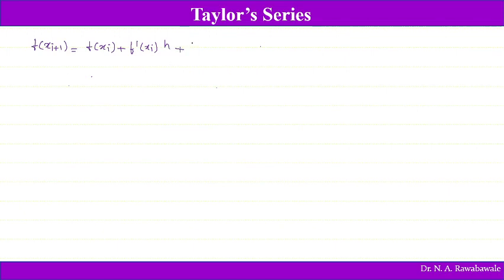Plus f double dash of xi times h squared divided by 2 factorial, plus f triple dash of xi times h cubed divided by 3 factorial, plus so on, plus fn of xi divided by n factorial times h to the power of n, plus Rn, where Rn is the remainder term.